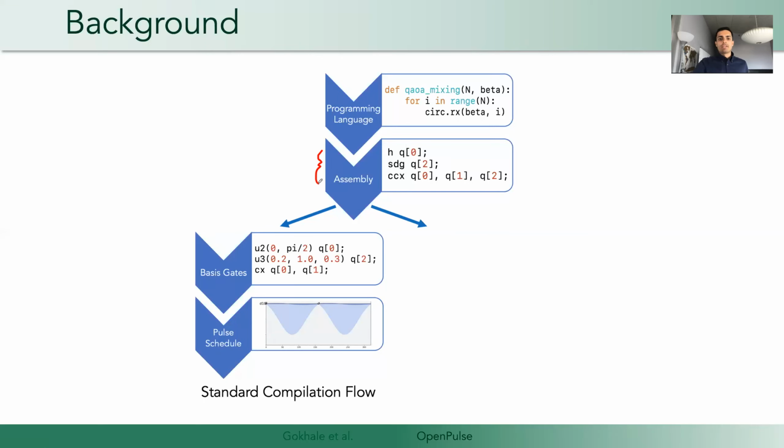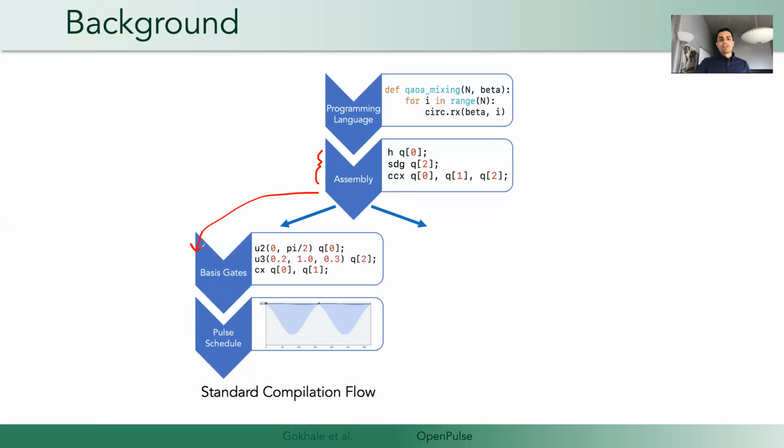But the reality is that there's a whole world underlying the assembly. In particular, the assembly needs to get decomposed or unrolled to a basis gate set, which is like another assembly, but one better aligned with what the qubits on the hardware can natively do. For example, trapped ion qubits versus superconducting qubits are going to have different basis gate sets.